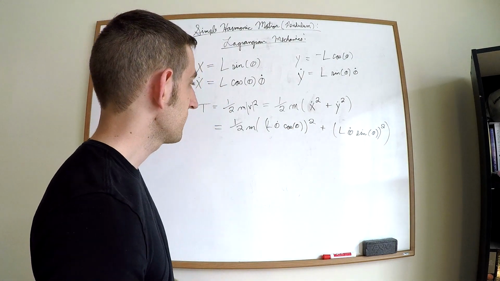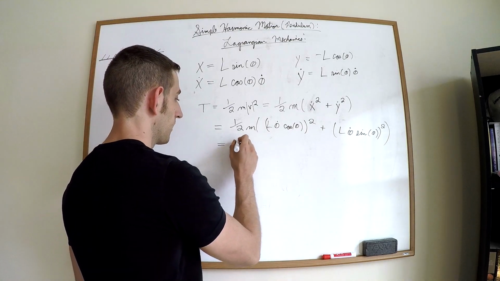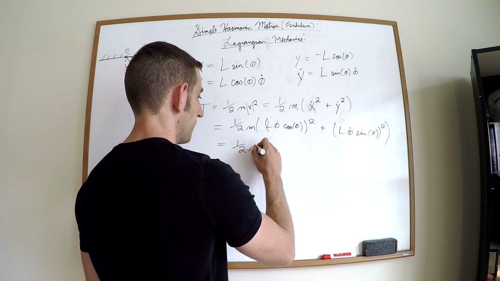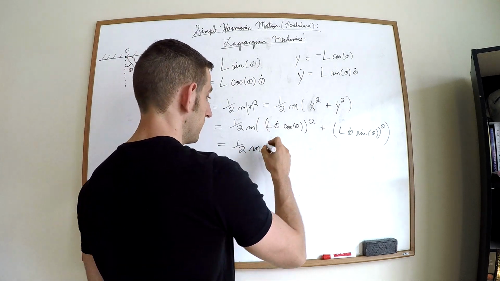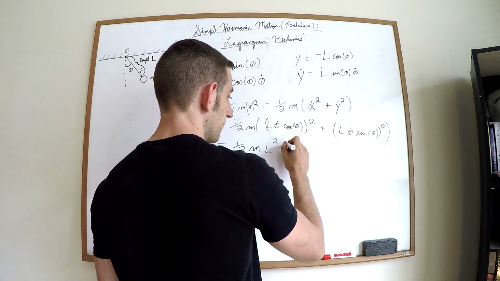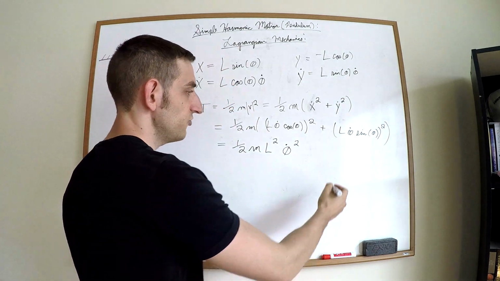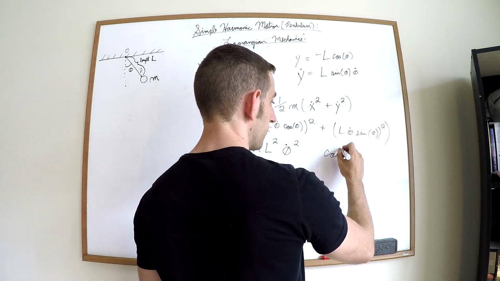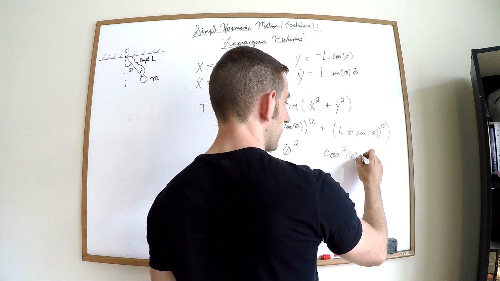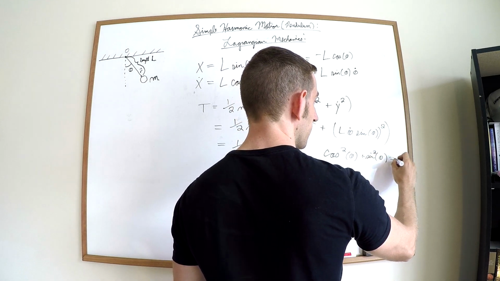So this makes sense. Now, what I'm going to do here is I'm going to write down the final results, explain what I'm doing. Okay. Squared theta dots. So what I did was I just used the fact that cosine squared theta plus sine squared theta is equal to 1.